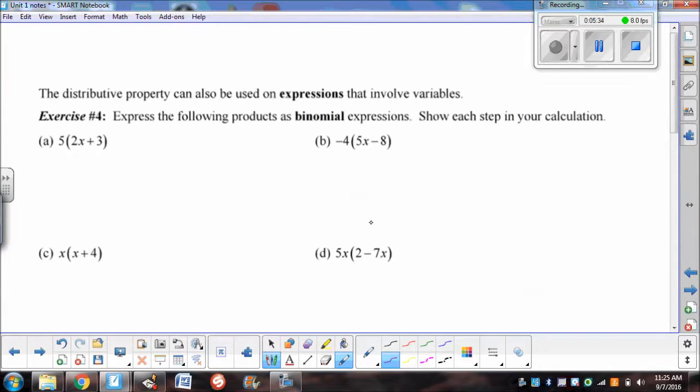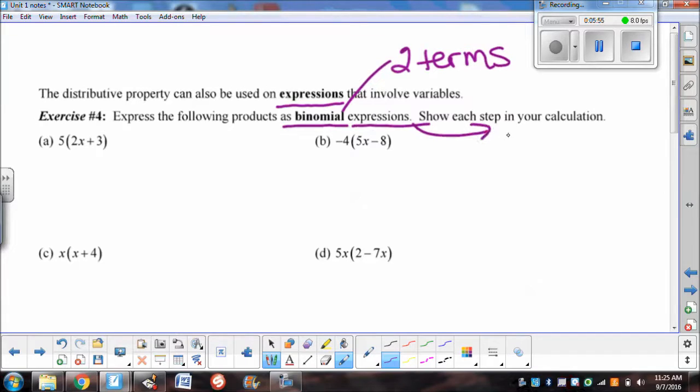Now let's apply some algebra to this. It says the distributive property can also be used on expressions. Expressions don't have any equal signs in them. Express the following products as binomial expressions. Binomial means we have two terms, and an expression means no equal sign.